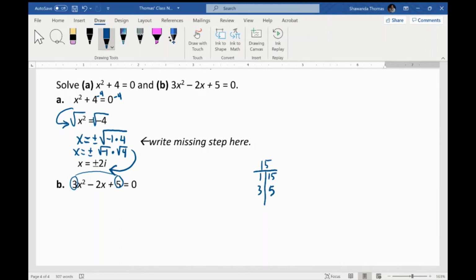Will it work? Where will we have to put negatives and all that? Y'all see it would not work. Why wouldn't it work? Anybody can explain to me why it's not factorable?